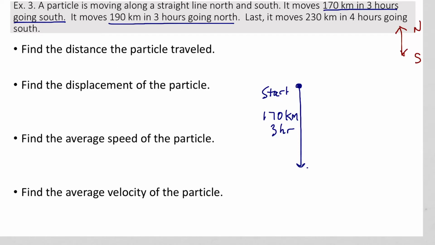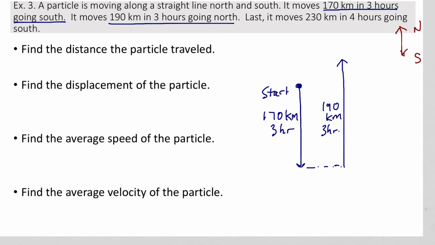So let's just make a schematic here. So now he's going to turn around and go past the starting point, and this time he's gone 190 kilometers over 3 hours again. So we must be going faster.